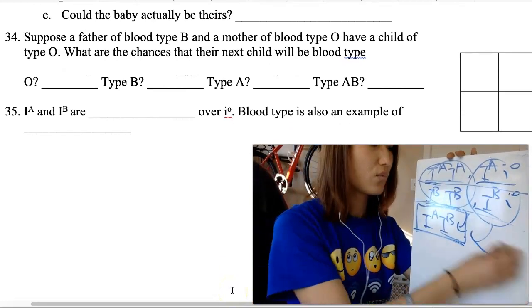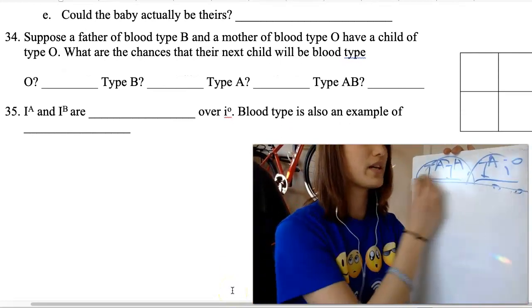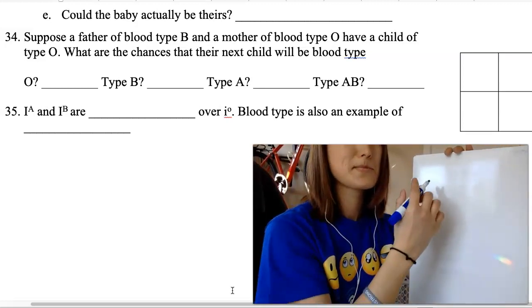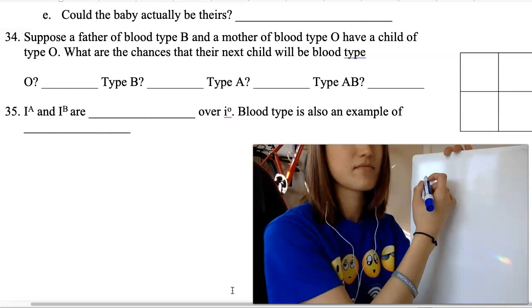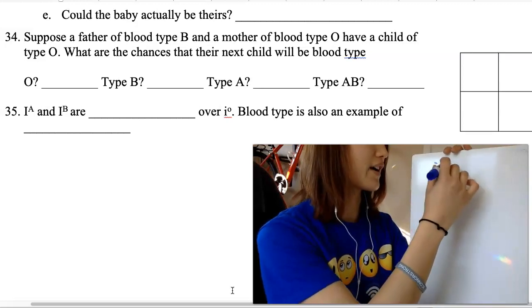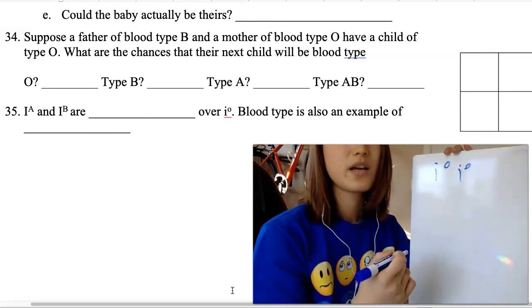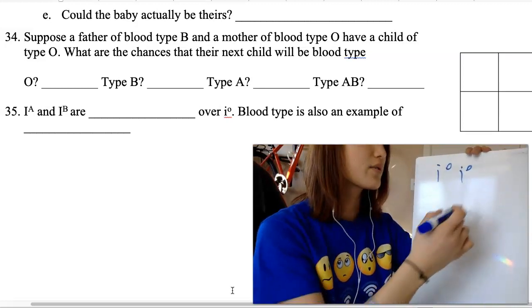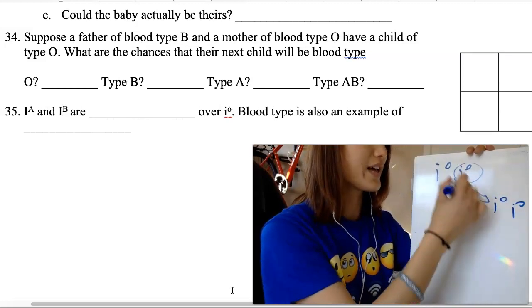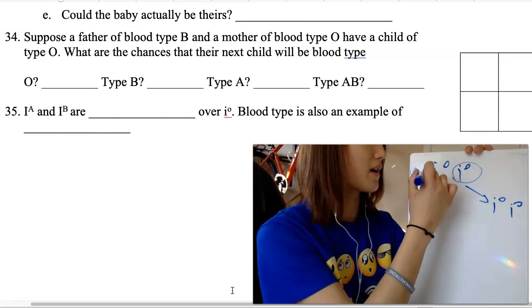34. We have a father whose blood type is B. And my mother, so let's do mother first. Mother is IO because that's the only type. We have a child whose blood type is O, so you have to somehow get to this child. You can get one of these from mom, so this is mom, right?